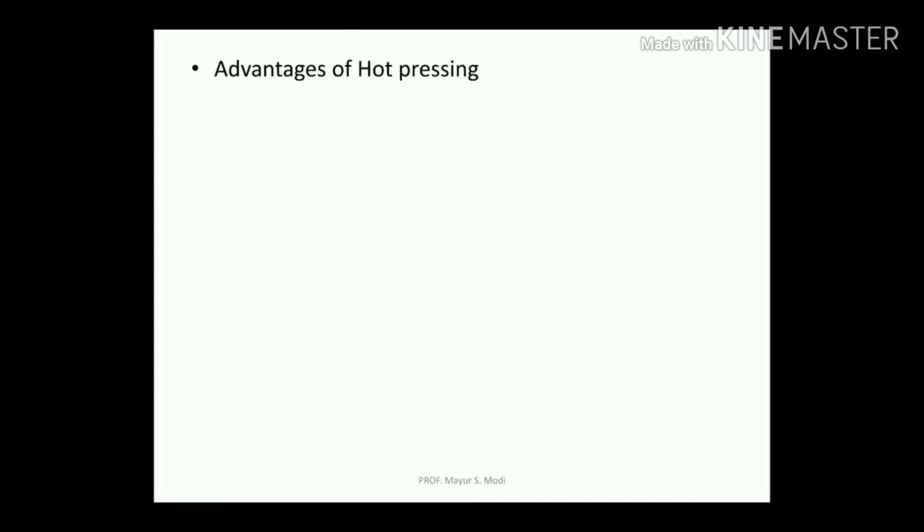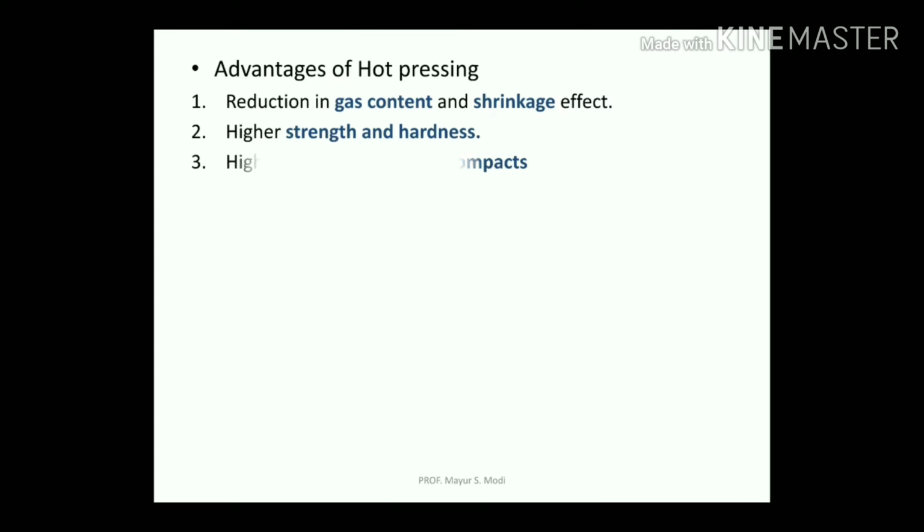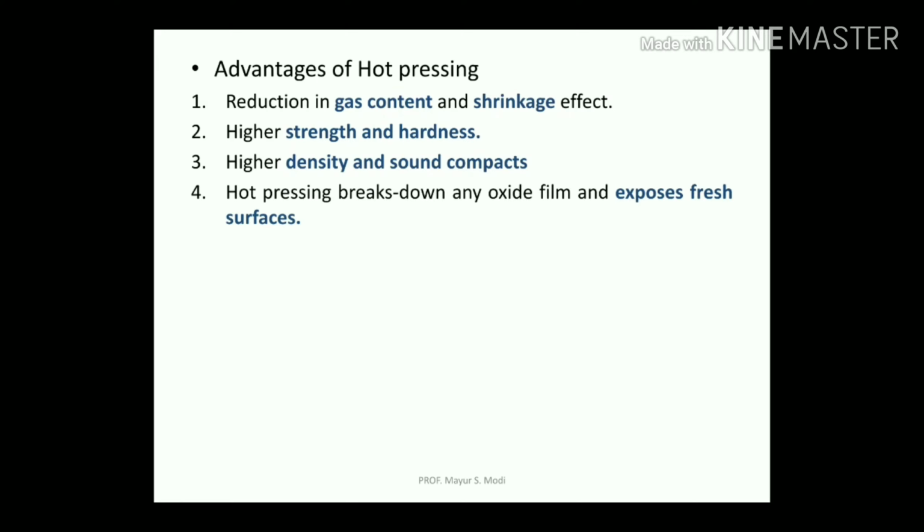Some of the advantages of the hot pressing process: reduction in gas content and shrinkage effect, higher strength and hardness as compared to simpler processes, higher density and sound compacts. Hot pressing breaks down any oxide films and exposes fresh surfaces.